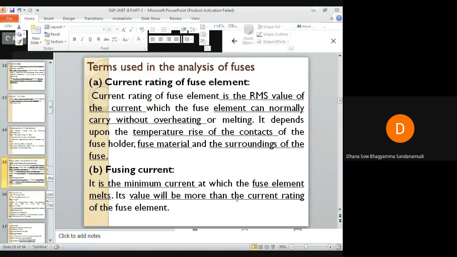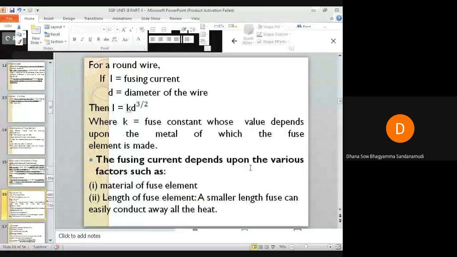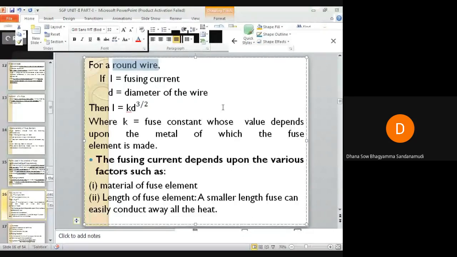So the minimum fault current at which the fusing element melts is known as the fusing current. The value of this fusing current will always be greater than the current rating of that fusing element.